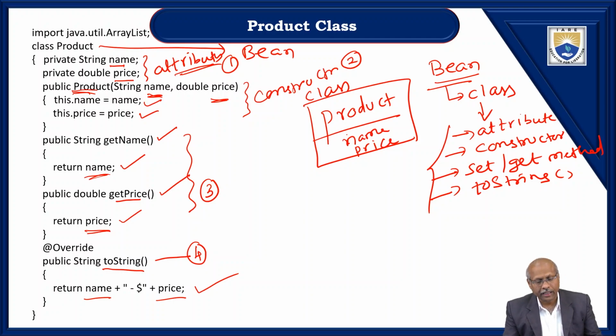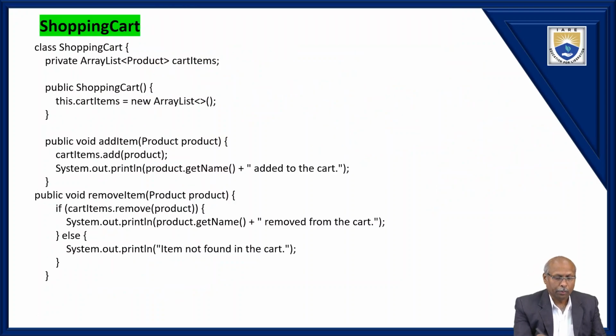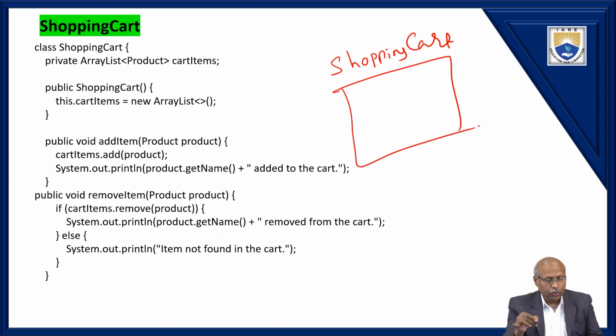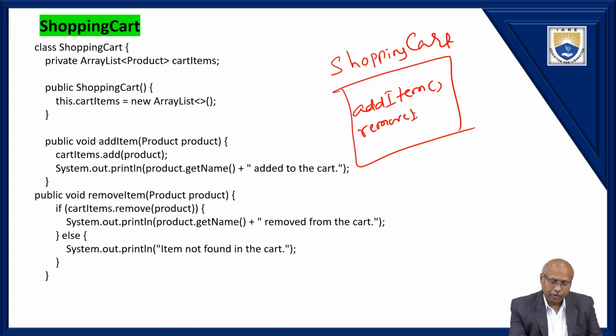Now let us go to another class. That is my shopping cart. Shopping cart is also a class. This class will have the provision to add the item, as well as the provision to remove an item, as well as a provision to calculate the bill.